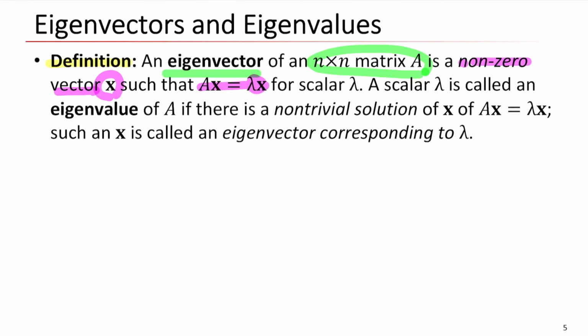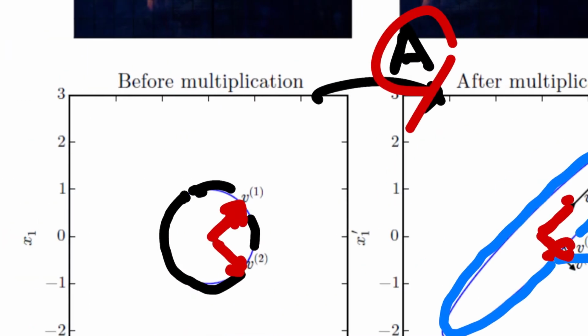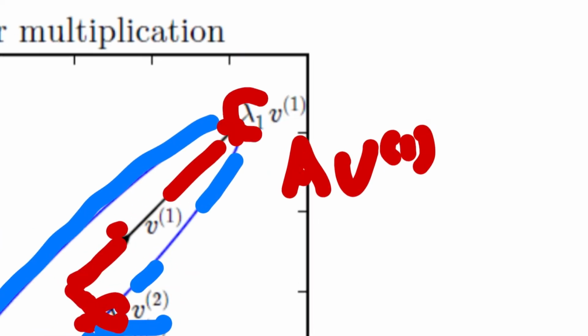In this case, here is v1. Actually, this one should be A times v1, because we multiply v1 with the matrix A. But we can find this lambda 1 that satisfies this.